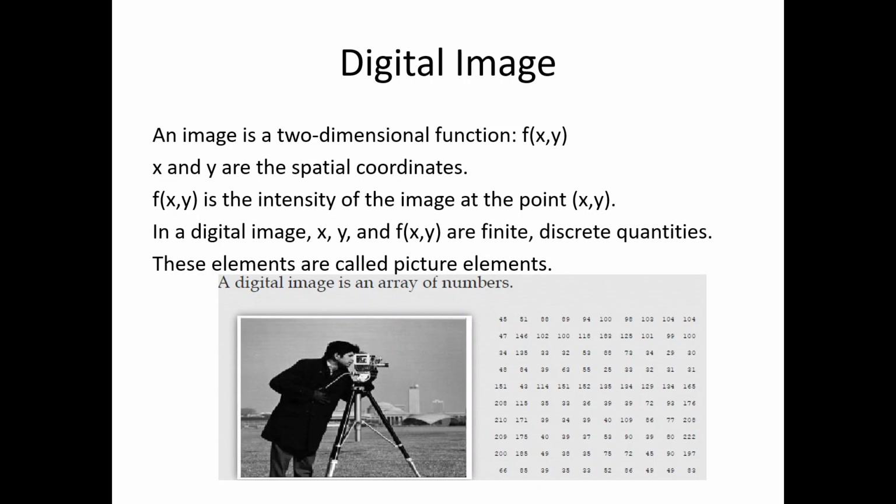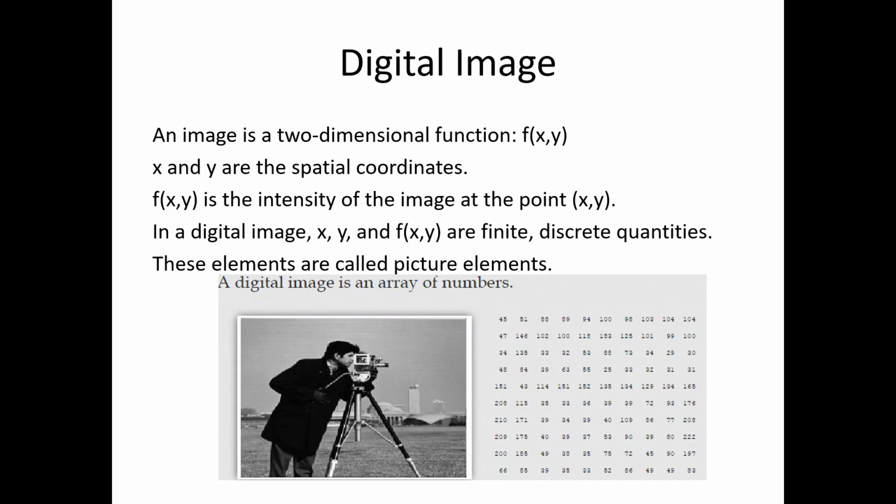there are two things. First thing is what? X and Y are the spatial coordinate values. It means first of all we have to generate the coordinate values, the positions of the array, where the information, or we can say pixel values, intensity values, can be generated.